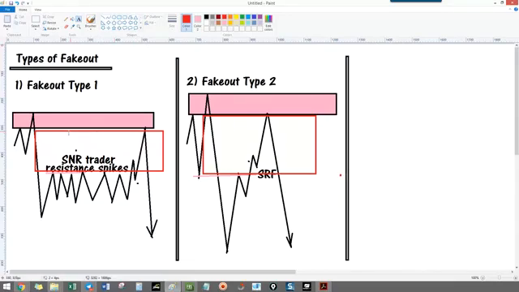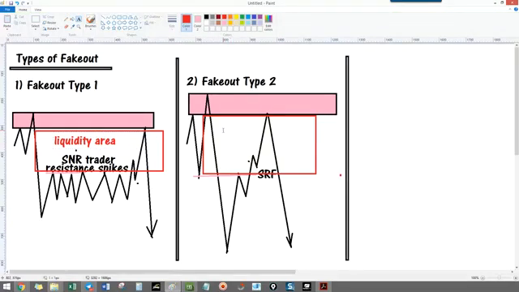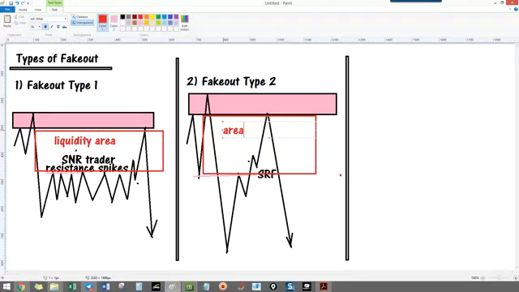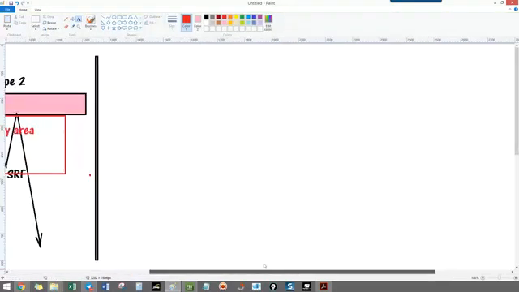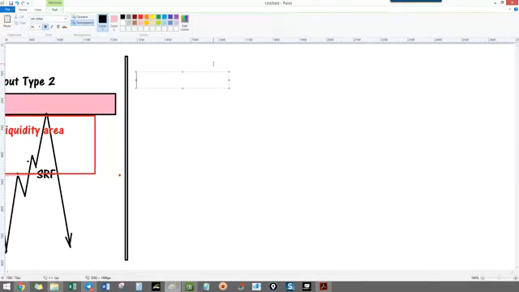This area is the place I call the liquidity area. The stop loss is always over here. Liquidity area over here. So the third one is called the compression liquidity. Number 3 is called compression liquidity, also a type of fake out and compression combined together.